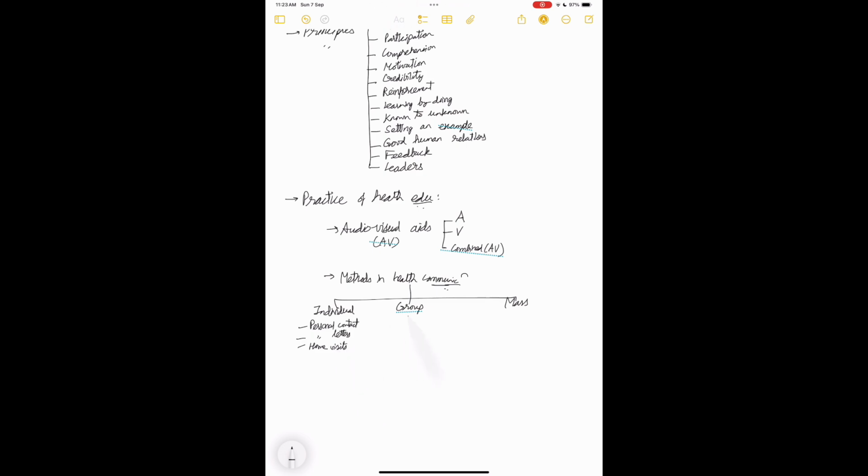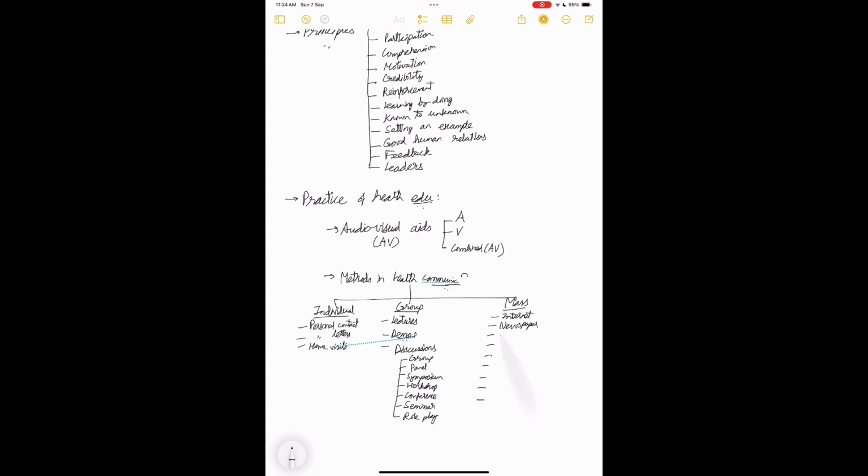Under the group approach, we have lectures, demonstrations, discussion methods like group discussion, panel discussion, symposium, workshop, conferences, and seminars, and role plays. And finally, under the mass approach, we have various methods of mass media and folk media like television, internet, radio, newspaper, posters, health museums, and exhibitions, to name a few.